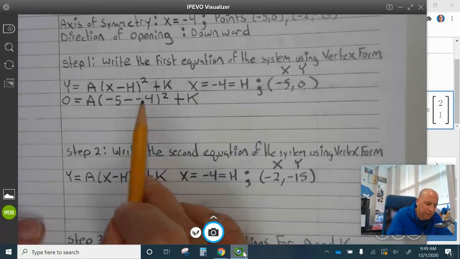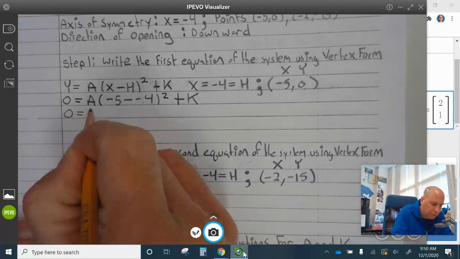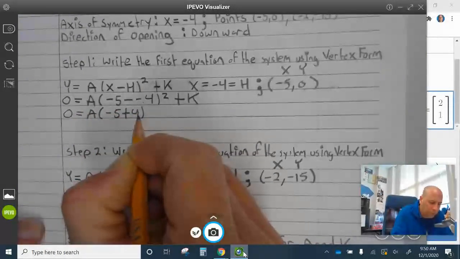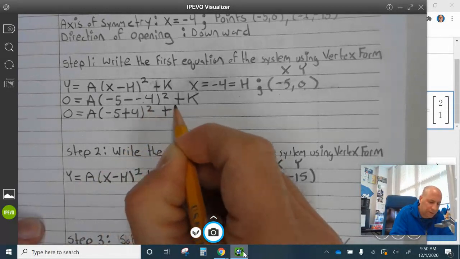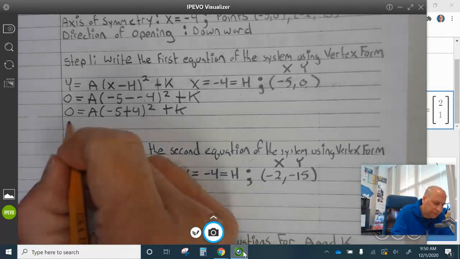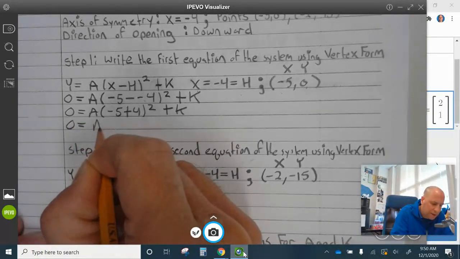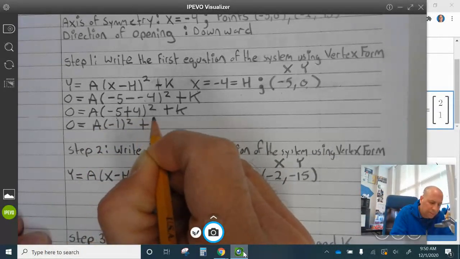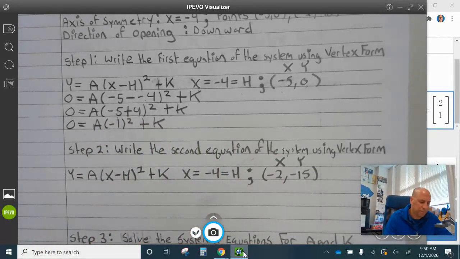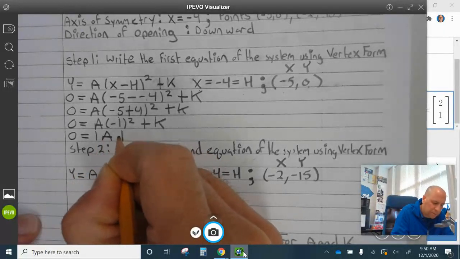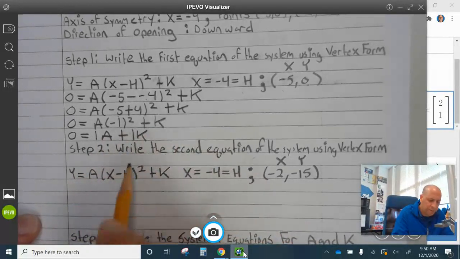All right, first off, a negative times negative is positive, so that's 0 equals A, which is -5 plus 4 squared, plus k. Well, then that's 0 equals A, -5 and 4 is -1, squared, plus k. Well, -1 squared is 1, so that's 0 equals 1A plus 1k. And there's our first equation to the system.